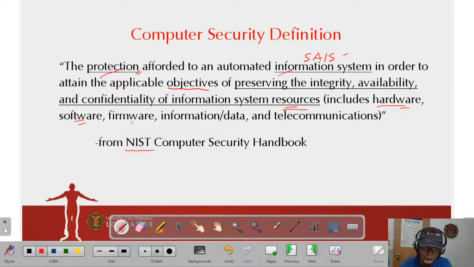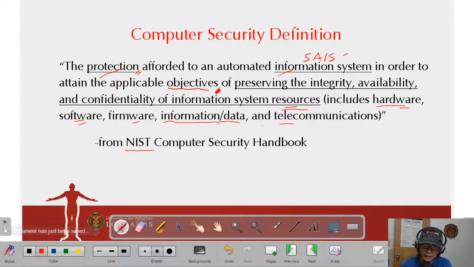The server has firmware, and the most important resource being stored or managed by SAIS is student information and data, and of course telecommunications.